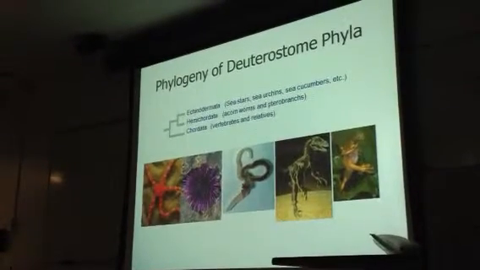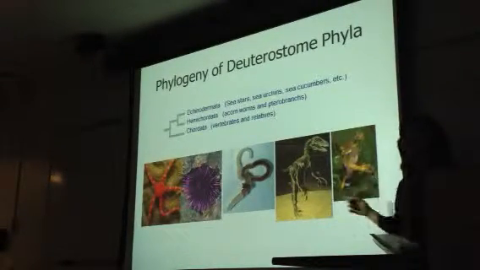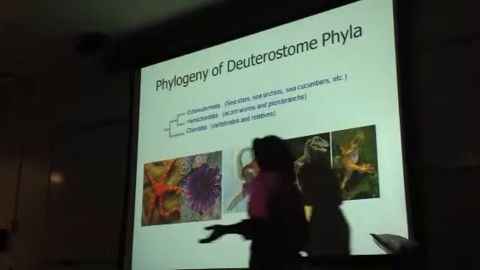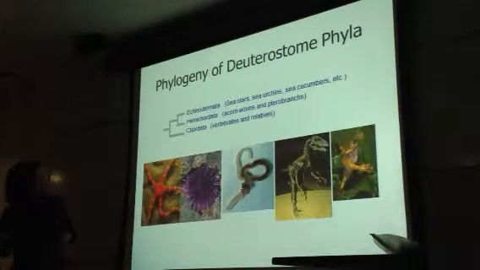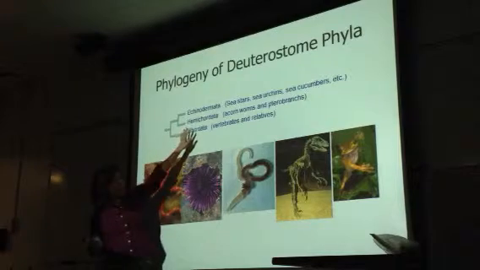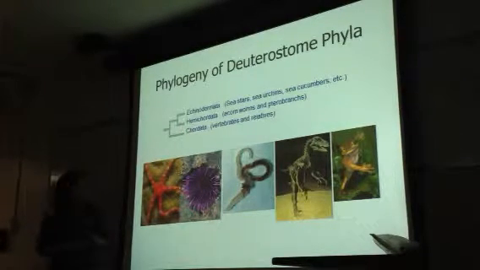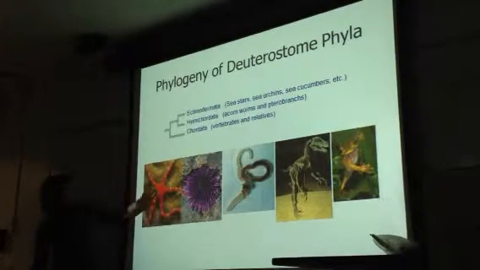Okay. So moving on then to our model, our representative of a deuterostome phylum is of course the Echinodermata. And you've seen that in lab already, and here are some representatives.